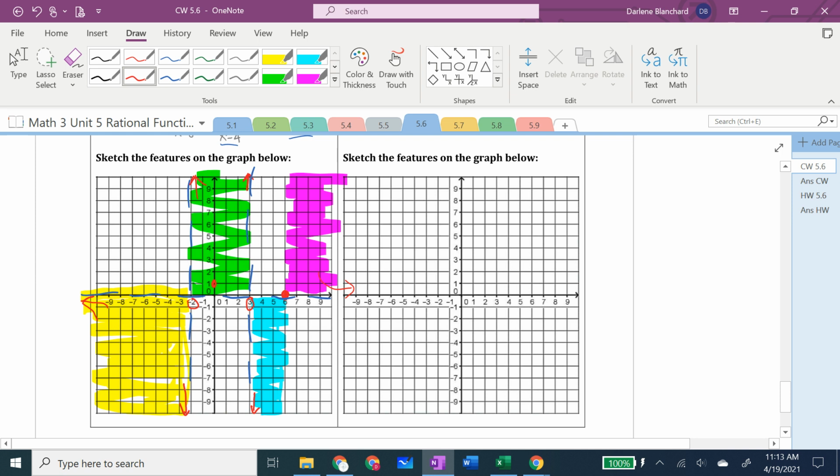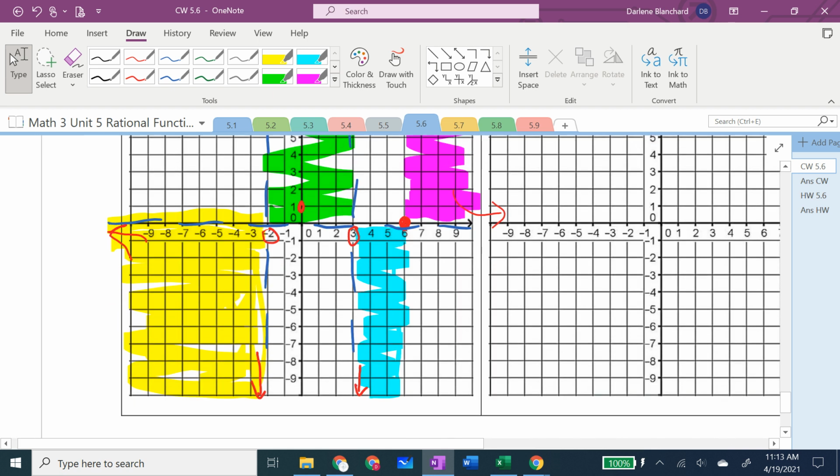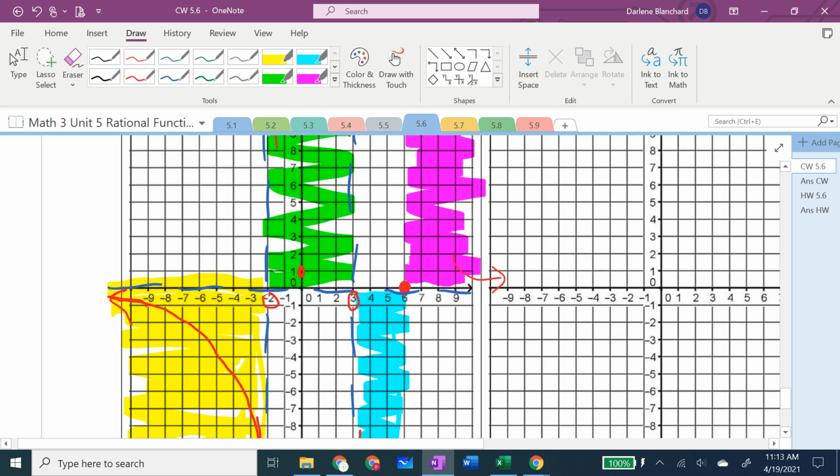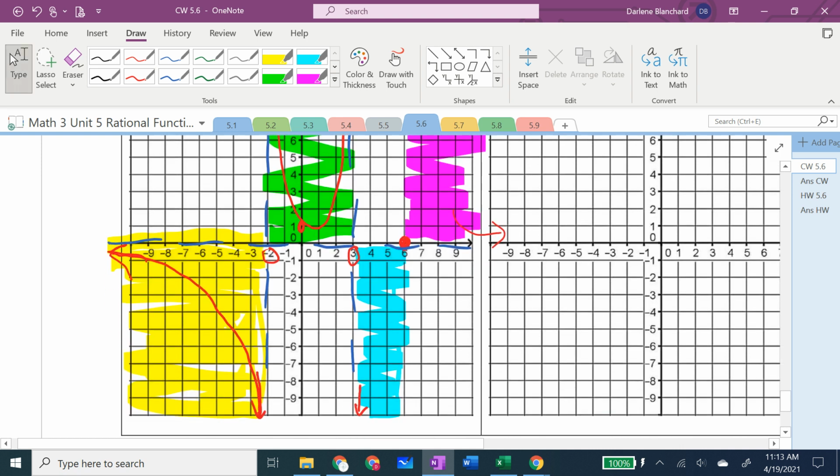From here, I just need to draw something curvy between my known ends and points. So, connect. Not a perfect graph. That's okay. Over here, I've got to stay in this region. Do I know where my lowest point is? No. Does that matter? Not for this class.